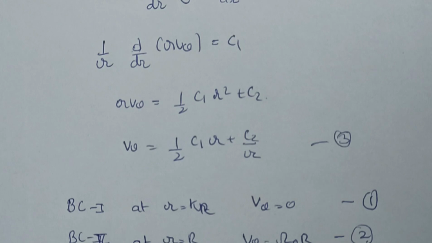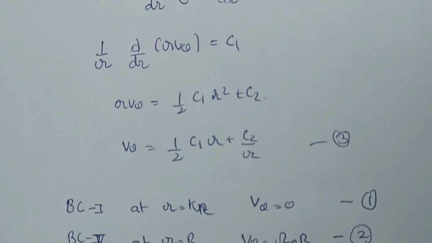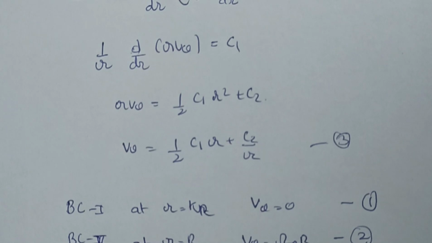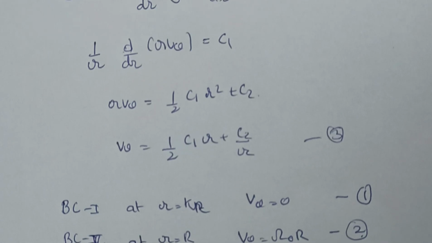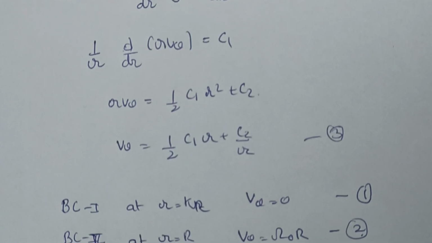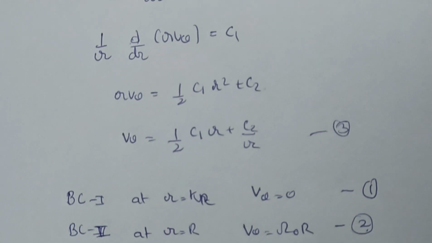We will get omega naught r is equal to half c1 r plus c2 by r. Now we have two equations and two variables. Now we will solve both equations to get the final answer.